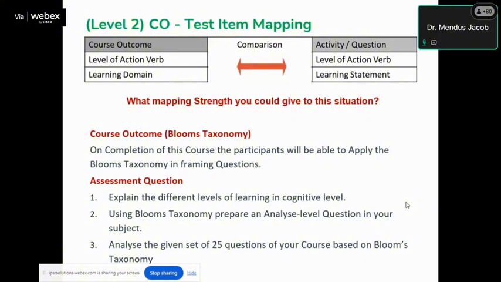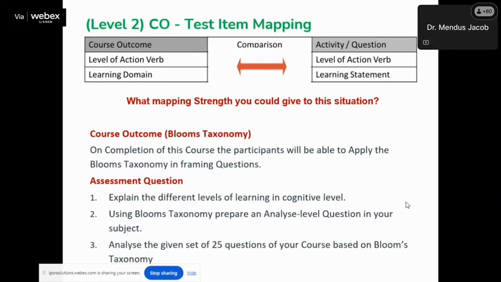That means you are given a set of 25 questions of your course, and you have to analyze each and every question, whether those questions belong to K1 or K2 or up to K6. So you have to classify the questions into different taxonomy levels. This is one of the tasks provided on the first day, your question paper analysis, that is an Excel sheet. I think you might have done it.